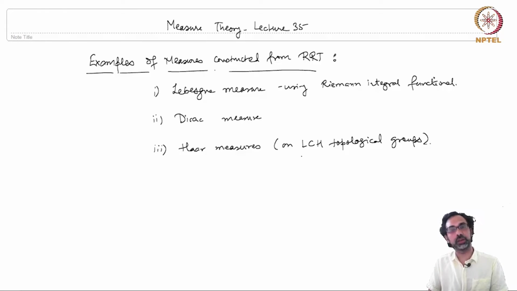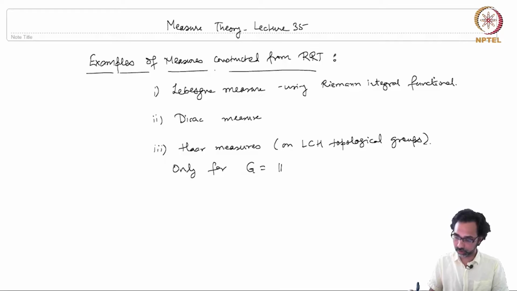So group multiplication and inverse operations are continuous with respect to the group topology, and we will construct it not for general groups but only for G equals R star, which is the multiplicative group of non-zero reals, with the multiplication operation.